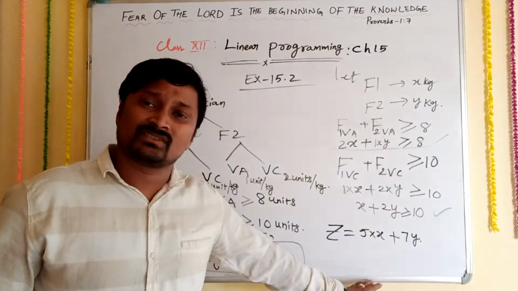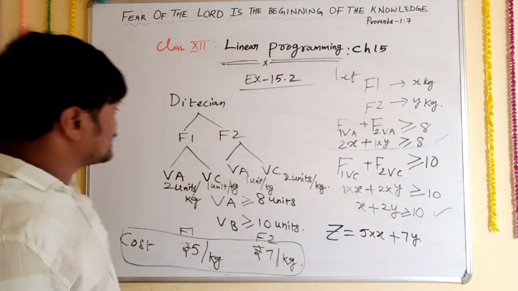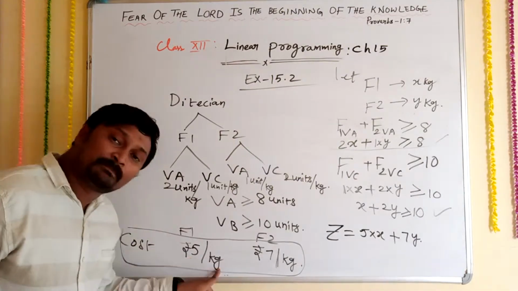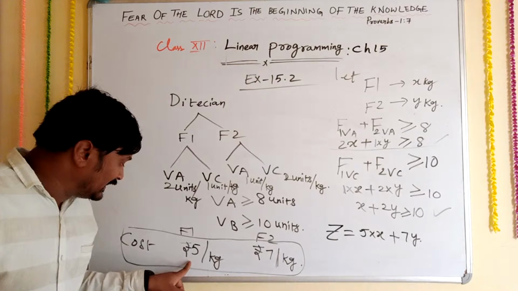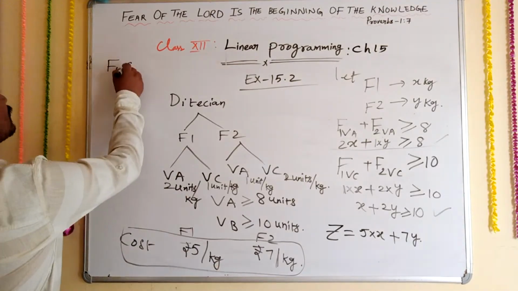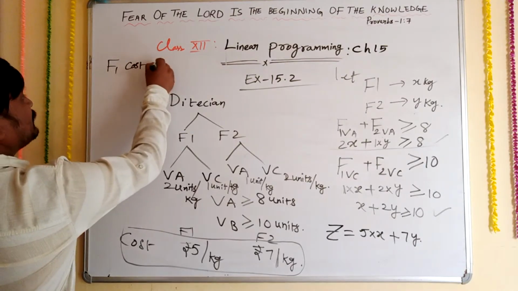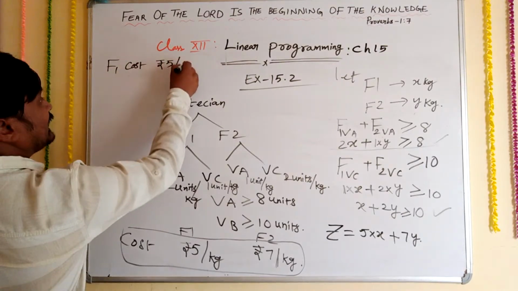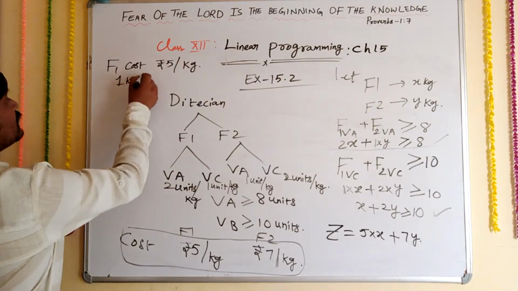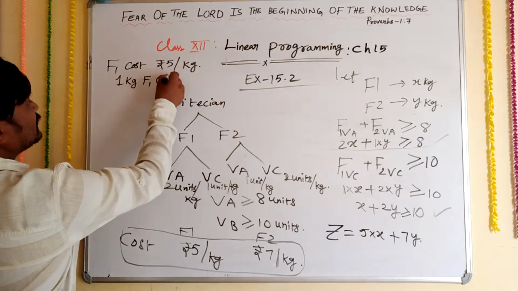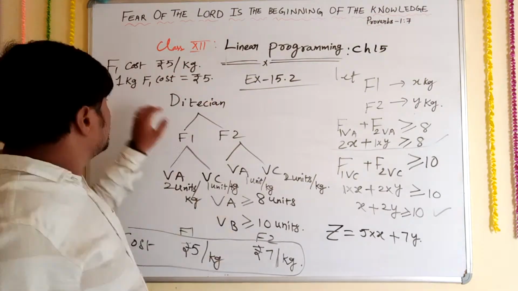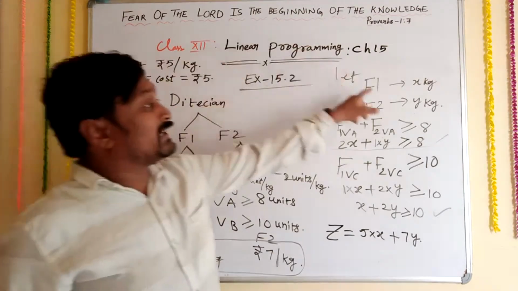So have you understood how I wrote this? This is very simple. Remember carefully here. It is 5 rupees per kg. So here food 1 costs rupees 5 per kg. That means 1 kg of food 1 costs rupees 5. But how many kgs of food 1 are there?